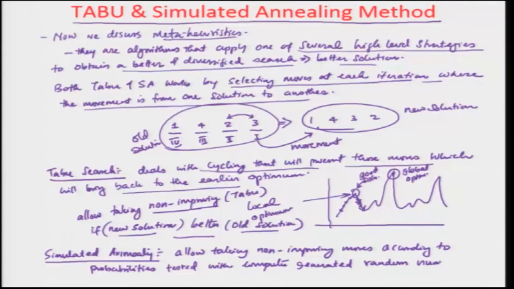So what happens in taboo search is that you allow the program to do one thing. For example, let's say you are at this point, and the taboo list is, let's say, 20 non-improving moves.